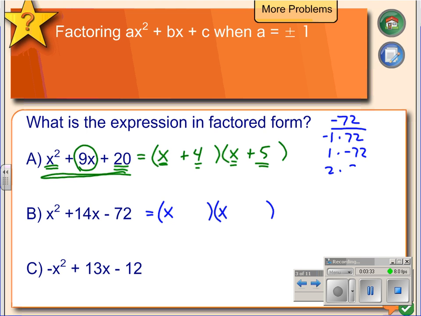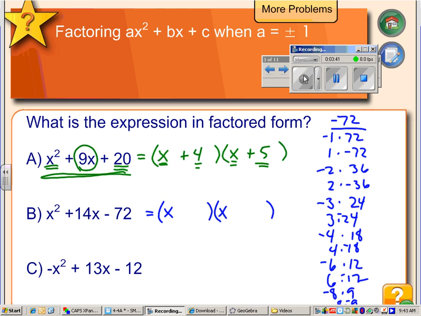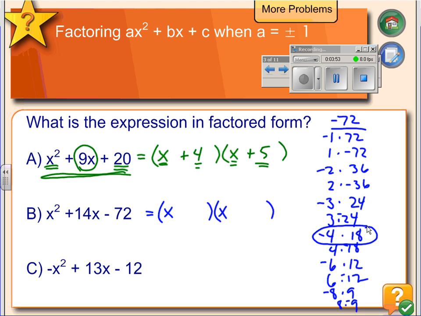We have 2 and 36, where 2 could be negative, or 36 could be negative. And we continue this list. Okay, there's our complete list. And then we have to pick the one that adds up to a positive 14. So positive 14 would be negative 4 plus 18. So we would factor this as x minus 4 and x plus 18.